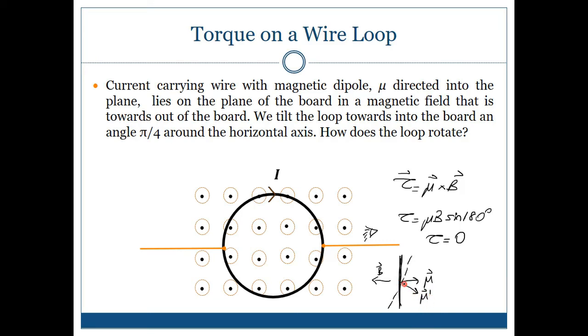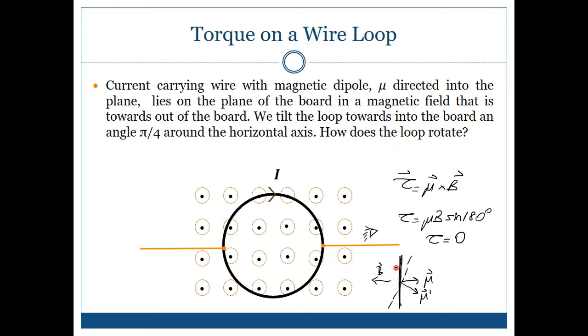So once we tilt it this way, let's calculate the vector mu cross B, right? If we do mu cross B, our thumb will show into the plane, right? So this torque will want to rotate it. If you put your thumb towards mu cross B, it's like you're folding mu on top of B.